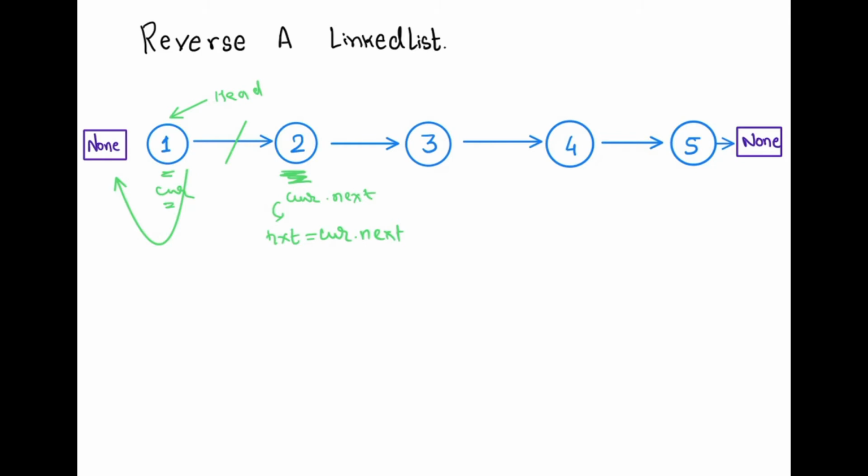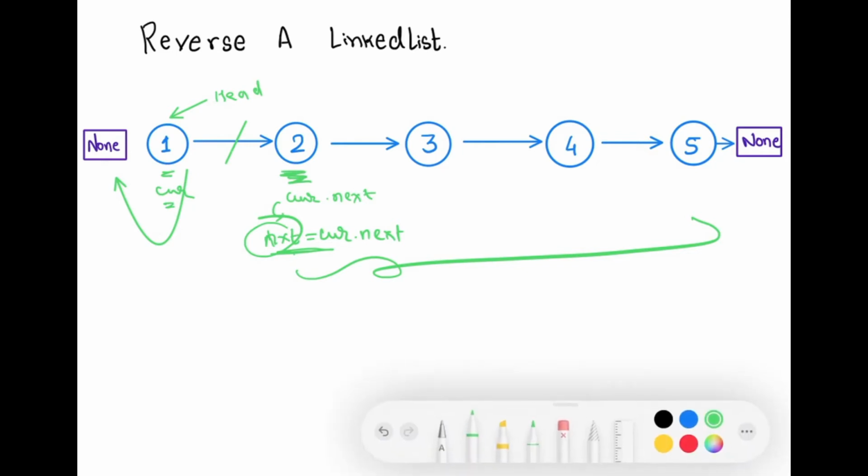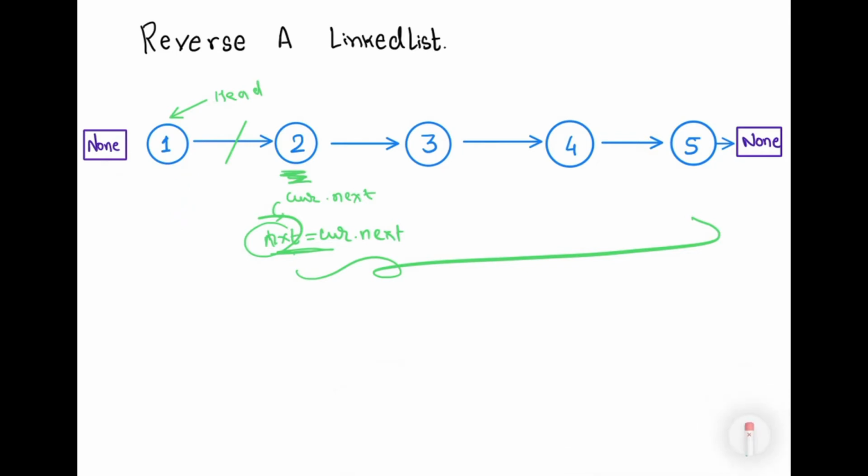I have established a reverse logic without losing touch with the rest of the linked list. So I have access to the rest of the linked list from this variable, and I can proceed in a similar fashion. So I will make things more concrete so that we have a proper direction to progress in.